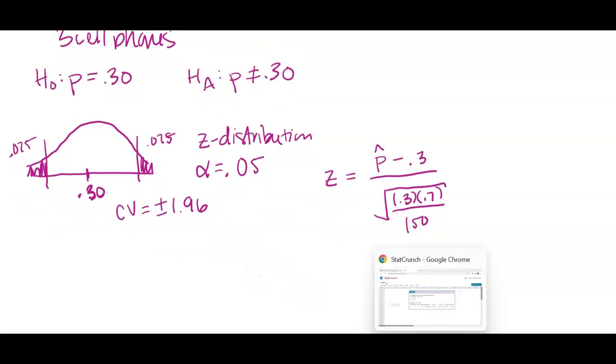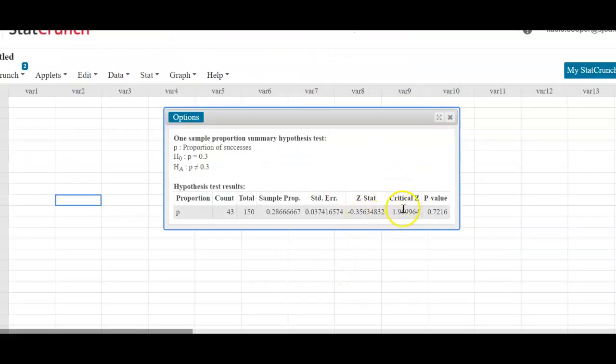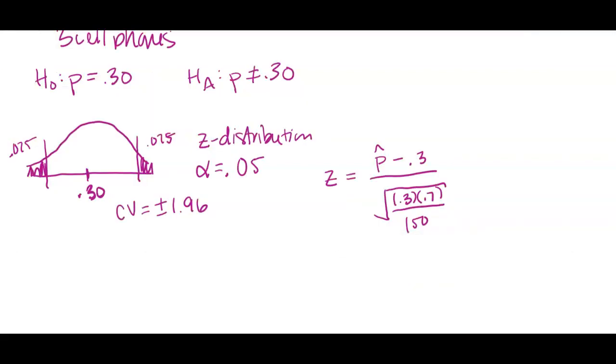And what is the critical value that we get? It was 1.96, we got that. Okay, z statistic, that's only negative 0.36. So the z that we get is negative 0.36. And notice that that is not in our rejection region.